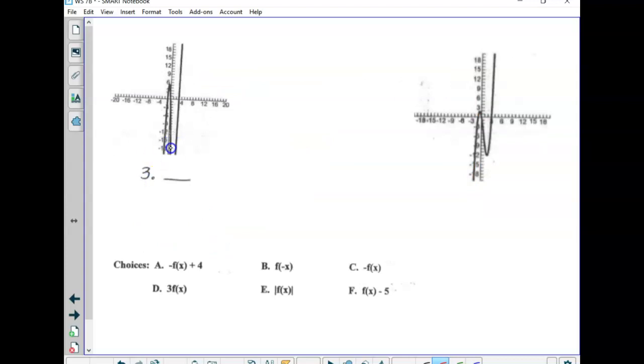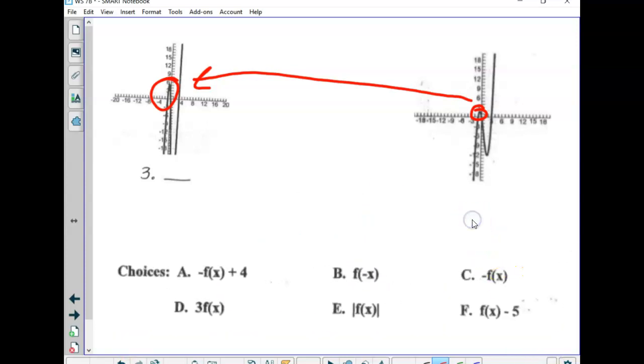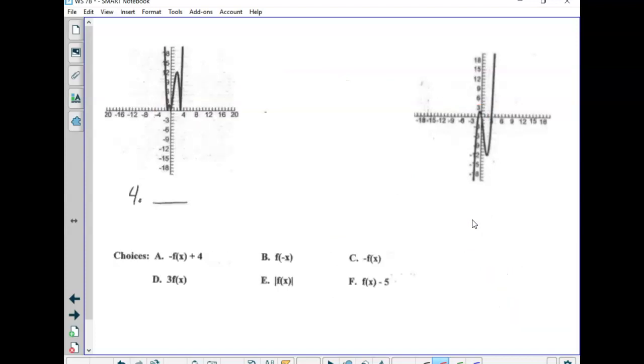How did it go off the bottom? Yes, it is a vertical stretch. See this little teeny bump right here now goes all the way up here. Which of these is a vertical stretch? Anybody tell me which of those is a vertical stretch? D, yes. These questions are on the quiz.